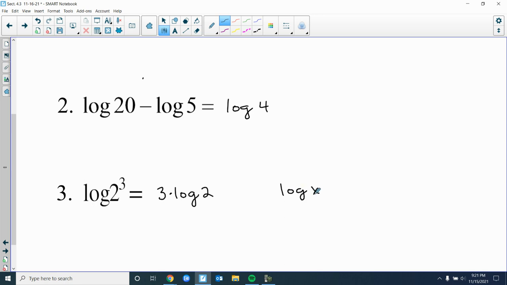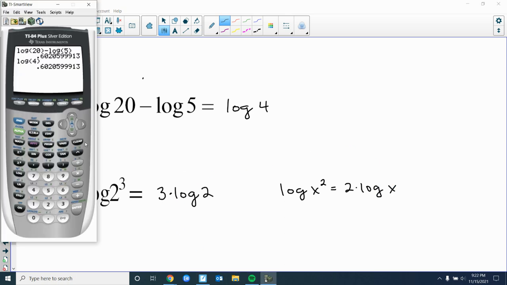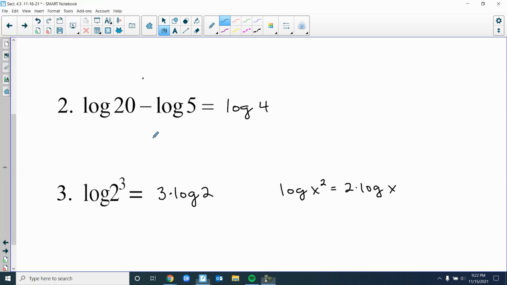If you have the log of x squared, that will be the same as 2 times the log of x. This will be a very important property in helping to solve equations. If I go to my calculator, log of 2 to the third power, I get that, and that should be the same as 3 times the log of 2. So they are equivalent.